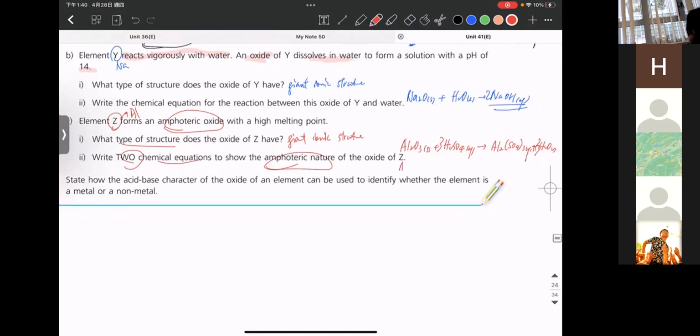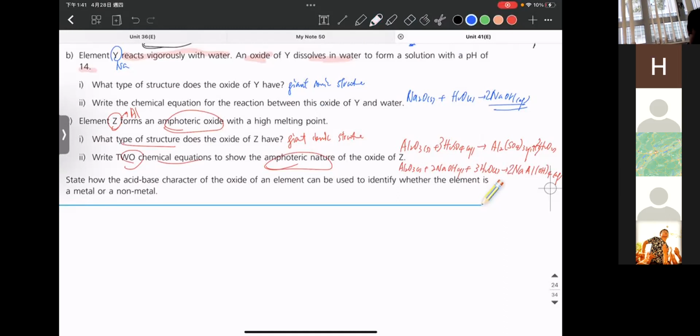How about the second equation? We add the aluminium oxide with sodium hydroxide. So the salt formed is what? Sodium aluminate, with the formula NaAl(OH)4, with a mole ratio 1, 2, 3, 2.